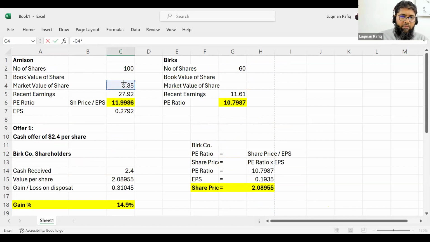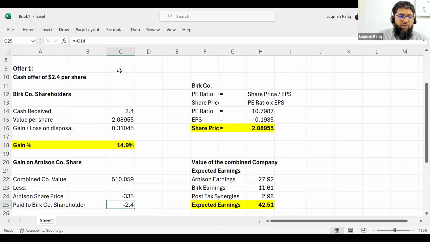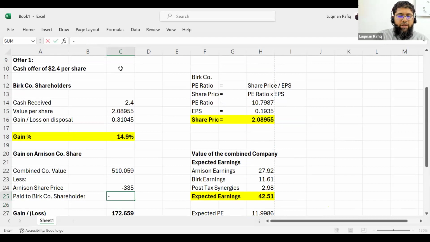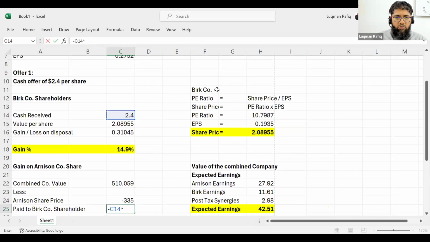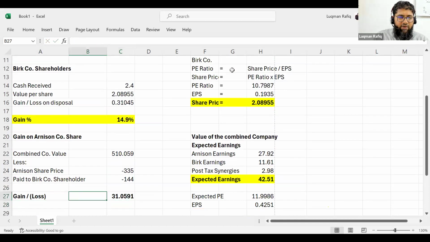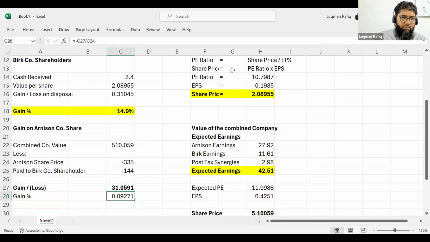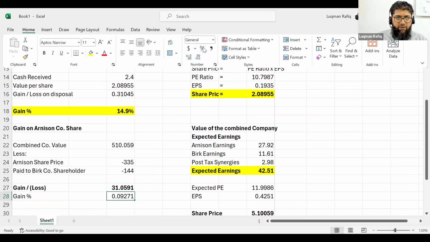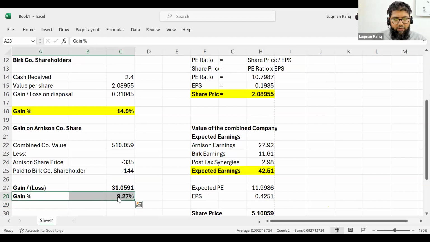This is multiplied by number of shares, because the number of shares for Burke is not the same. So therefore we have to compute on the basis of combined value. 2.4 into 60. So hence 31.0591 is the gain or loss, and the gain percentage is this divided by Arneson share price. So this is what the total gain is going to be, 9.23% or 27%.